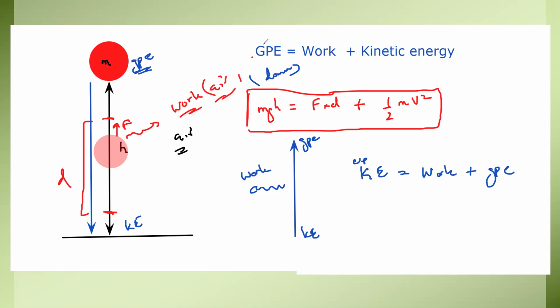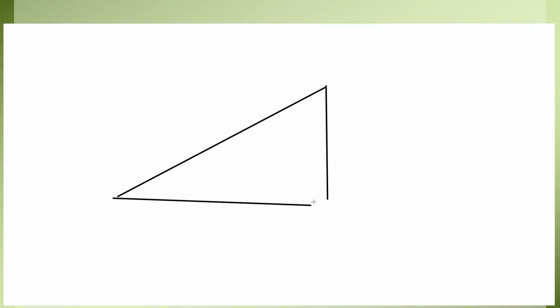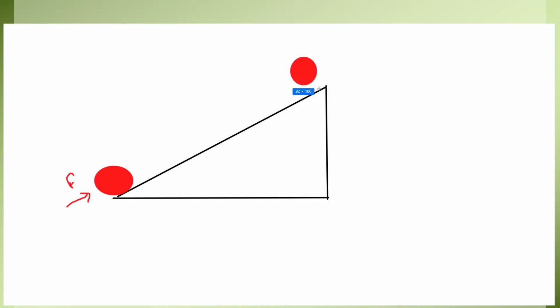Now consider an object moving on an inclined surface where there is friction. Here is an object on the inclined surface, and it experiences a force F to move on the inclined surface and reach the top, or a height h here.